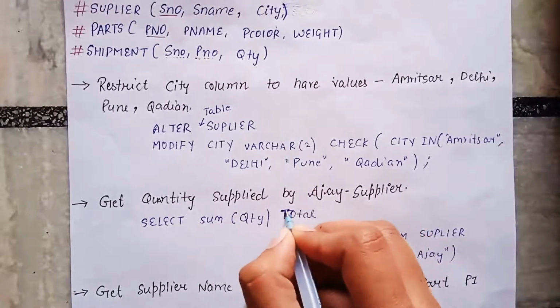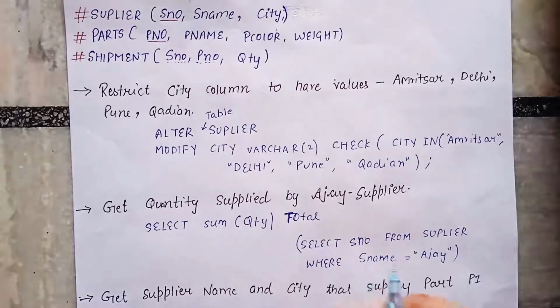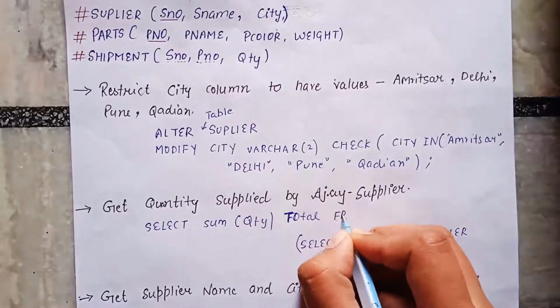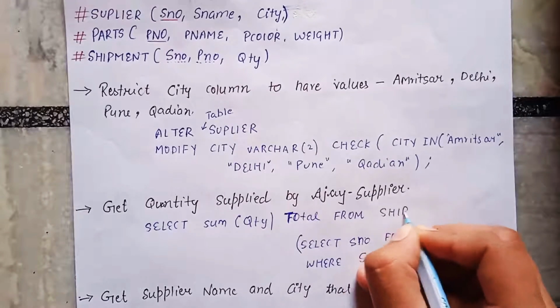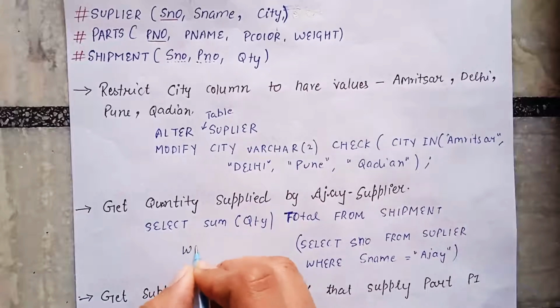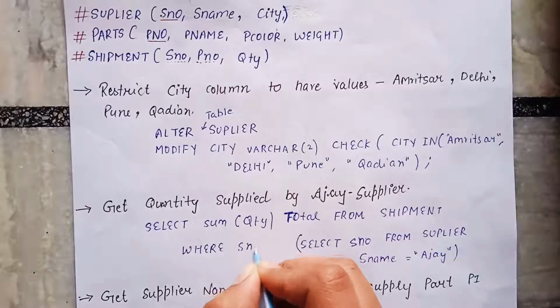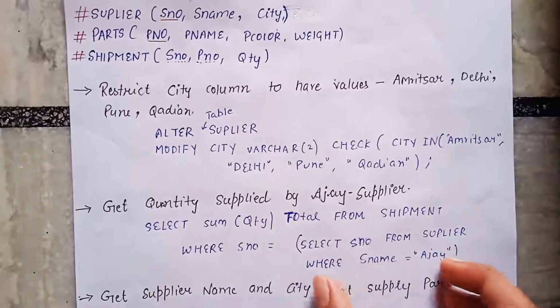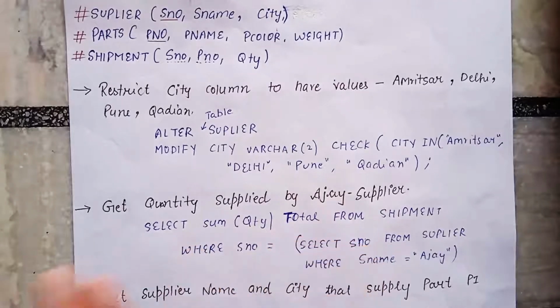We have given the name total to this resulting column, from the table shipment, where S number is equal to whatever supplier number is returned by this inner query. So this is the query.